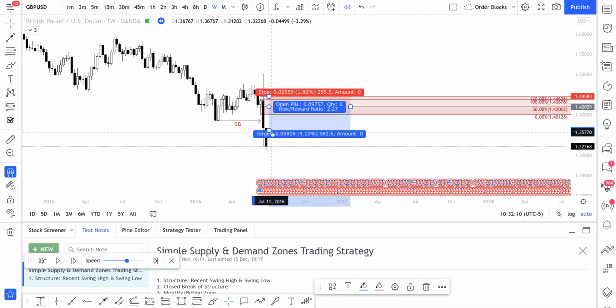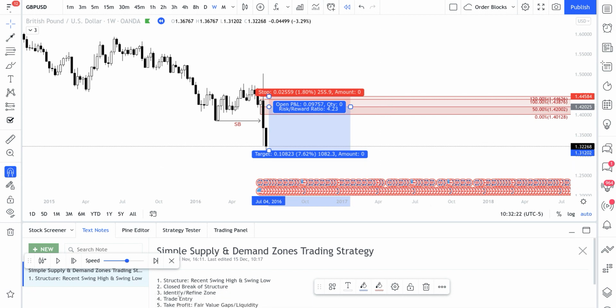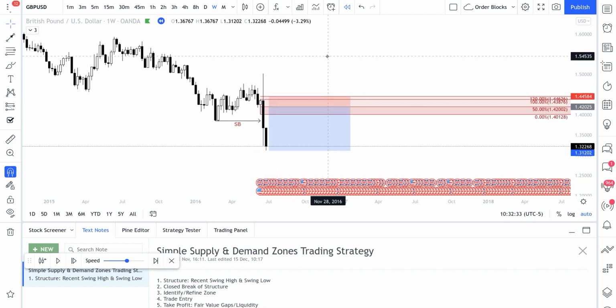Initially I am going to set my TP at the current low. So we identified our supply zone. We've refined our supply zone to the 50% of the zone.